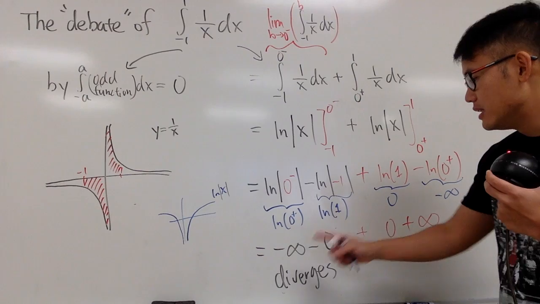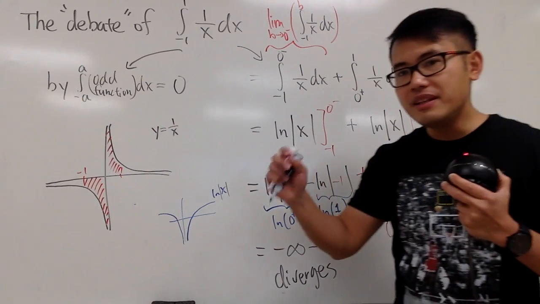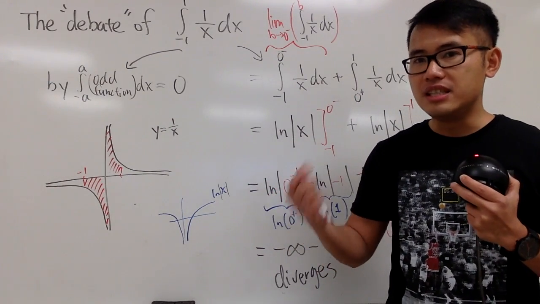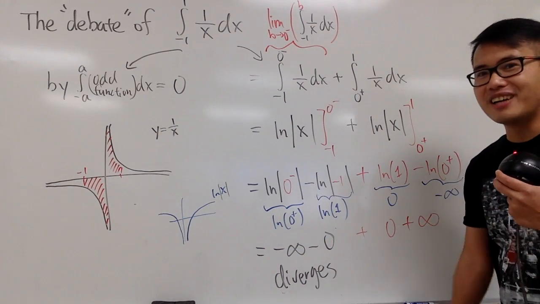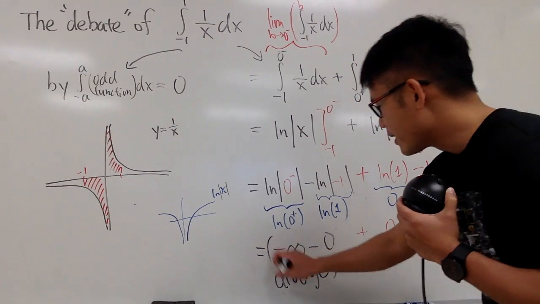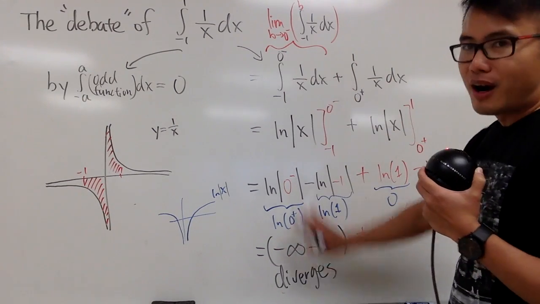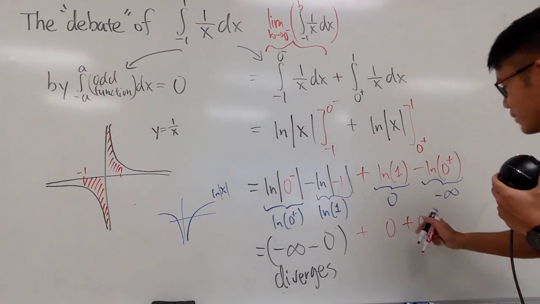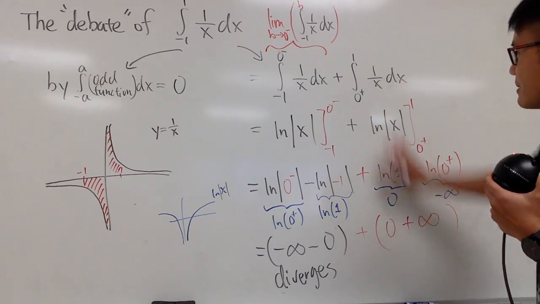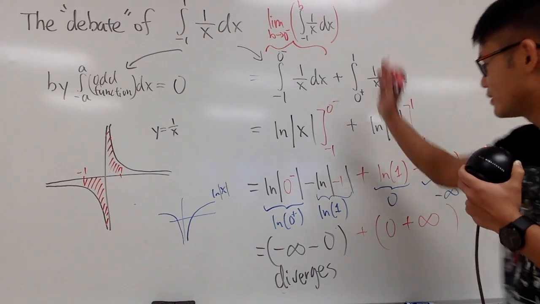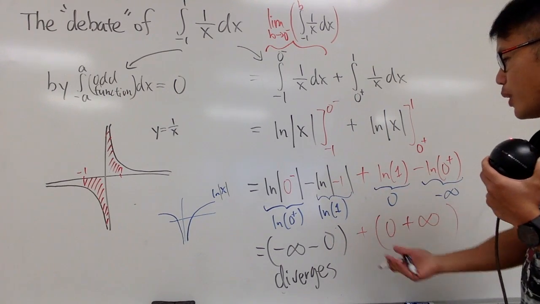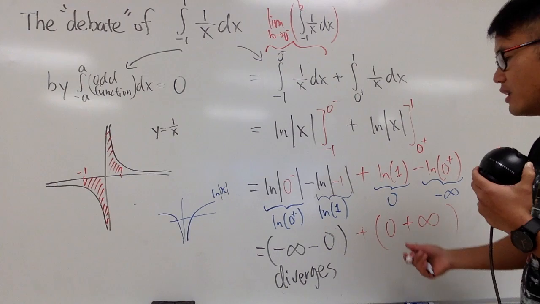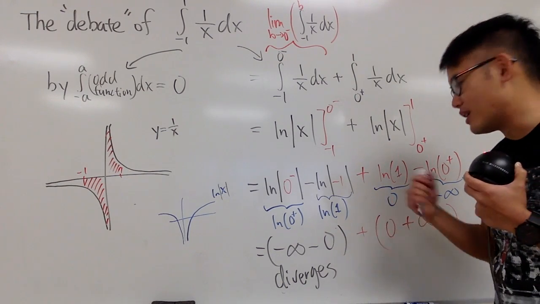But this right here, as we all know, infinity minus infinity is an indeterminate form. However, they have no connection with each other anymore because this right here was supposed to be just from this part. And likewise, this right here is from this part, right? So it's two separate things now. And you cannot really do any algebraic work to simplify it or anything.